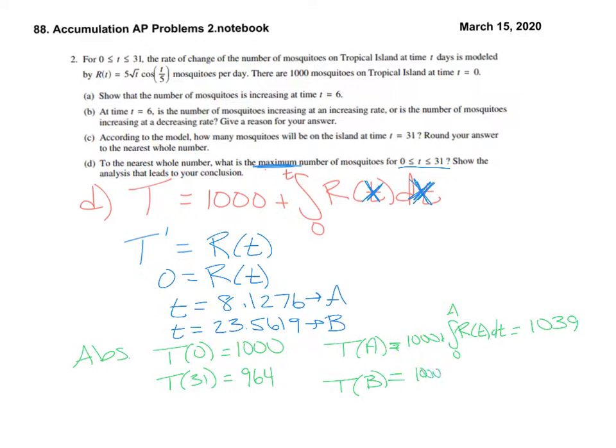And then 1,000 plus the integral from 0 to B of r of t dt, and I get 842. And it wanted to know, to the nearest whole number, what is the maximum number of mosquitoes? Well, the maximum number of mosquitoes was 1,039. And this is my work, right? Showing all of these, that's all the work you need, right?